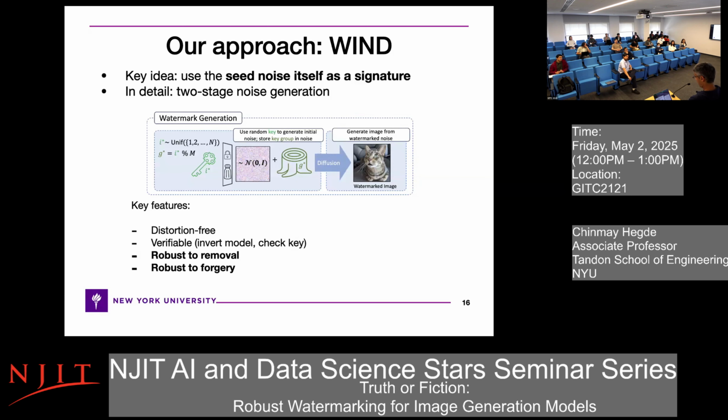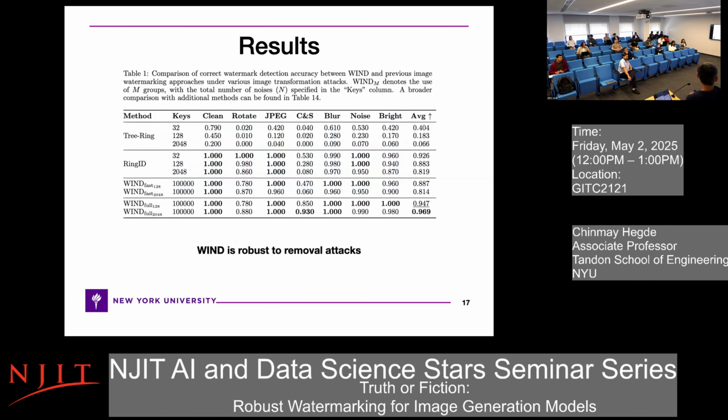Yeah. Okay. No. Let me say that it could perfectly be the case that the attack breaks our watermark. It is possible, right? In fact, I'll talk about something along those lines in a moment.